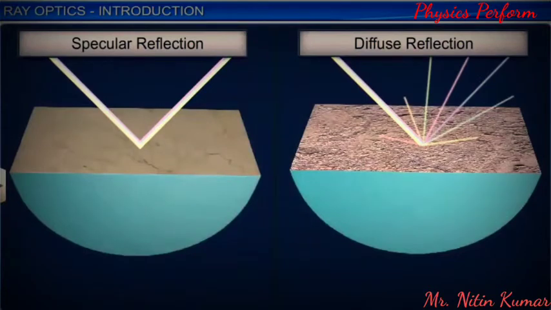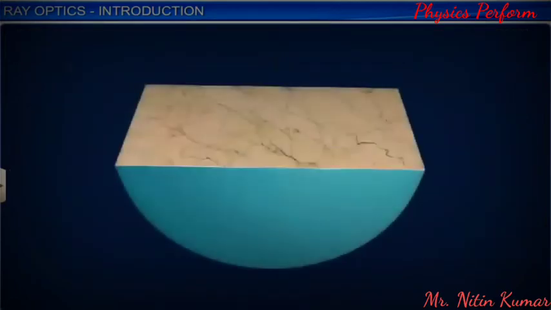it was experimentally found that the reflection of light follows two laws known as the laws of reflection. According to the first law, the angle of incidence i is equal to the angle of reflection theta.